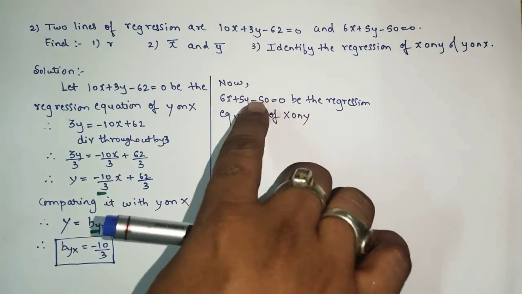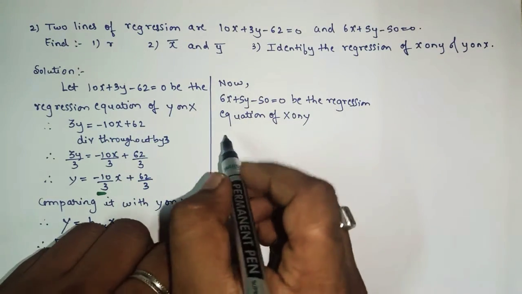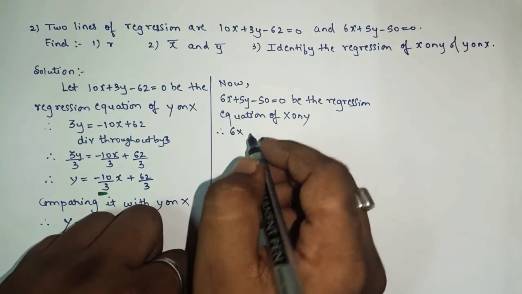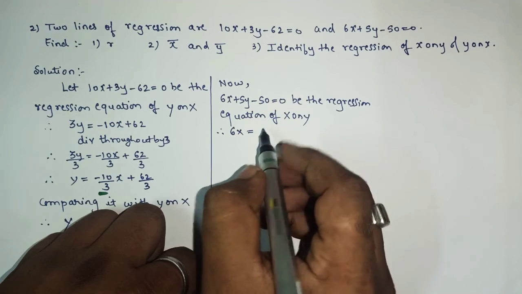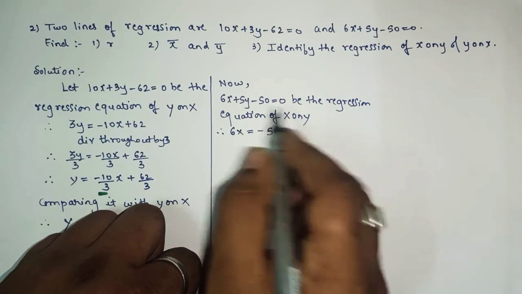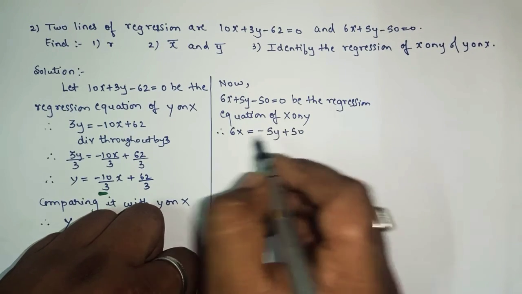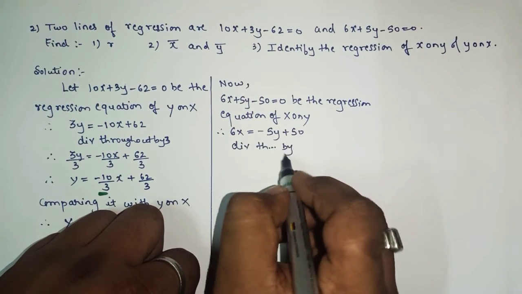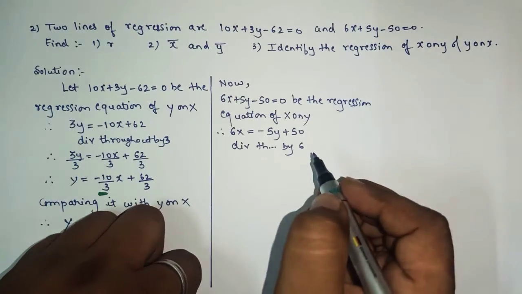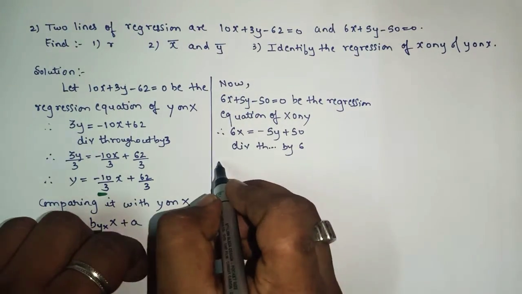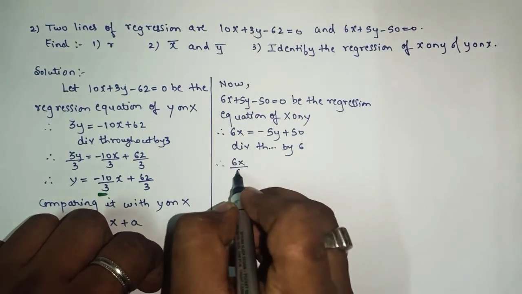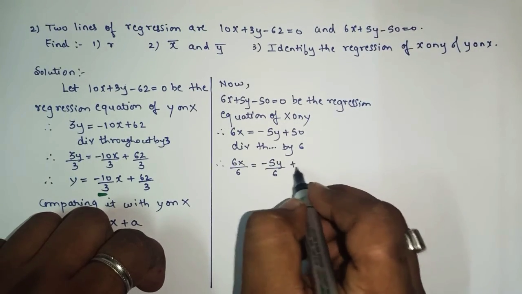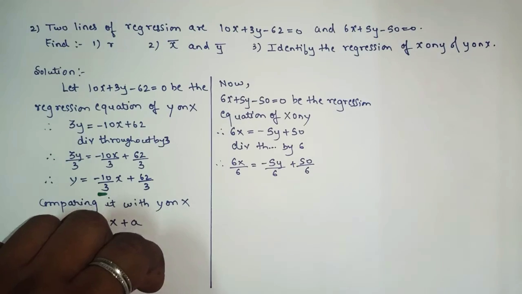If we want to convert the second equation as x on y, we'll keep x on the right hand side and y and number on the left hand side. So 5y minus 5y, and this will be plus 50. Again same, dividing throughout by 6. So therefore 6x upon 6 equals to minus 5y upon 6 plus 50 upon 6.